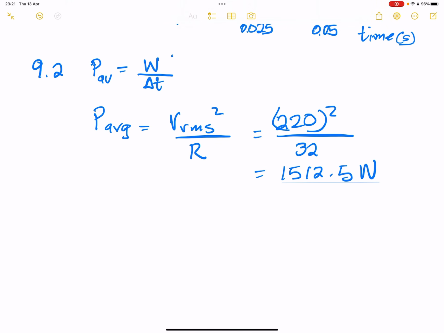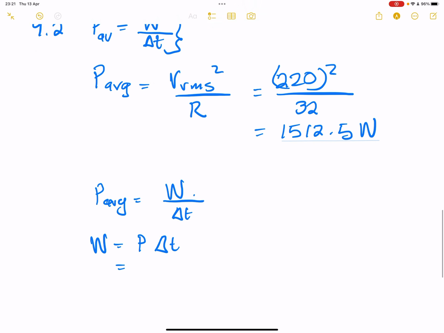So we're going to go to this formula and say, well, we know what P average is. As a result, we know what energy will be, divided by time. So if we're looking for energy, that will simply be power multiplied by time. So we'll take that value 1512.5, but we're multiplying by time.